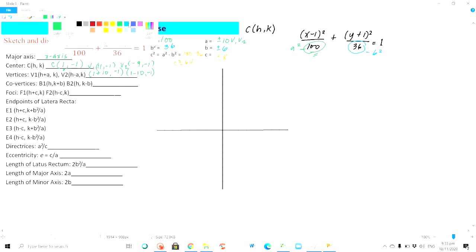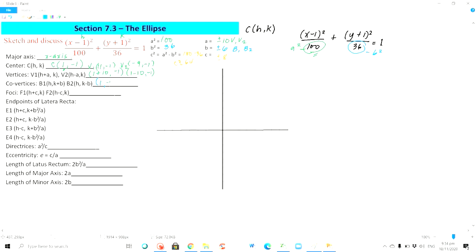For the co-vertices, ito naman yung 6. So B1 and B2. Okay, so since this is in the minor axis, nasaan naman yung minor? Nasa y. Kaya ilalagay natin yan, i-add natin to sa y. So, remain yung h. So, that's 1.